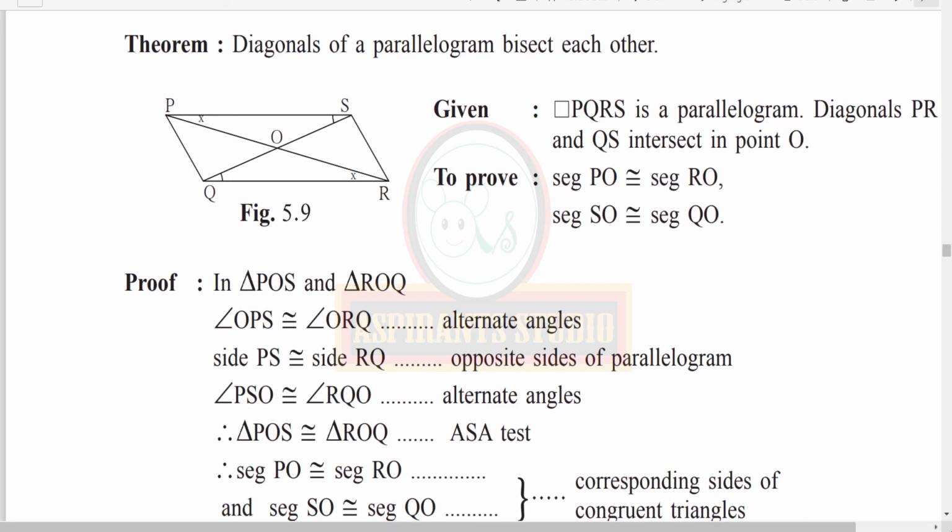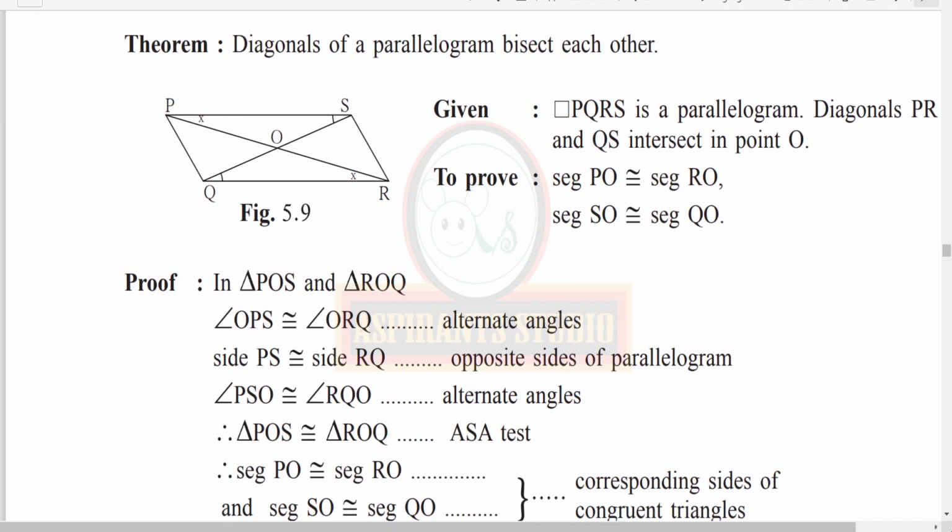When you take line QS as the transversal, the alternate angles are angle PSO and angle RQO. So angle PSO is congruent to angle RQO because when the lines are parallel, the alternate angles are congruent by the alternate angles theorem.